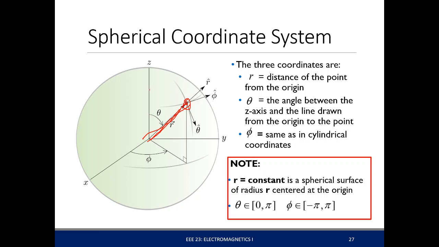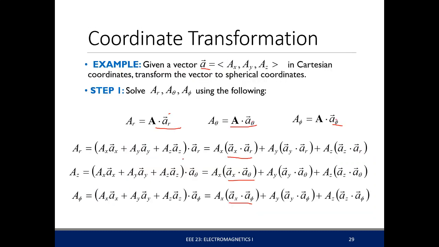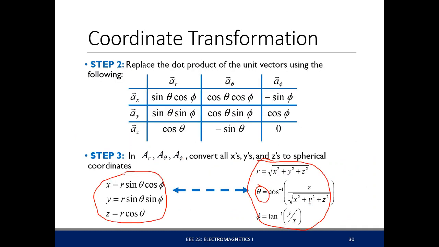So you can have a line here that is parallel to this line. That height here is the z component. So by trigonometry, the cosine of this angle is the adjacent over the hypotenuse, which is the length of r. So that's z divided by the square root of x squared plus y squared plus z squared. And finally, phi is the same, the tangent inverse of y over x.